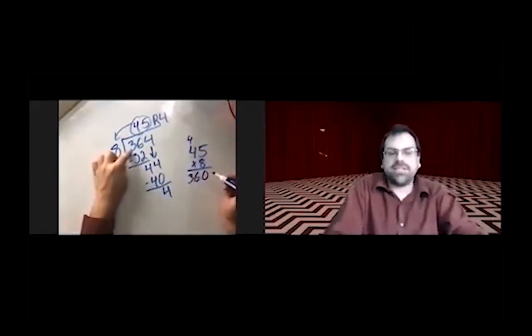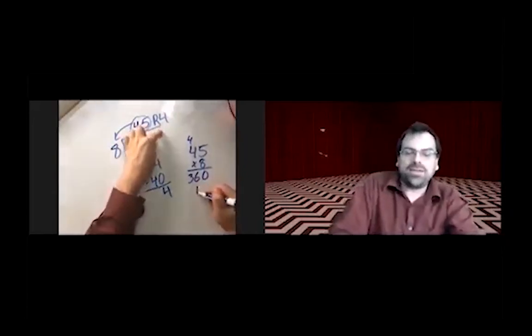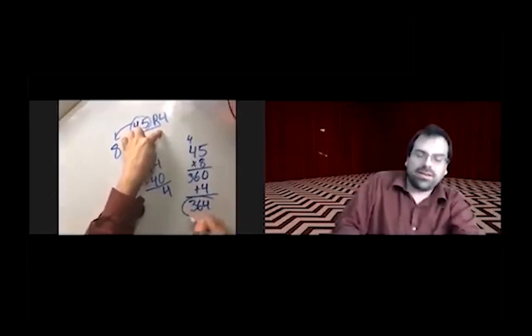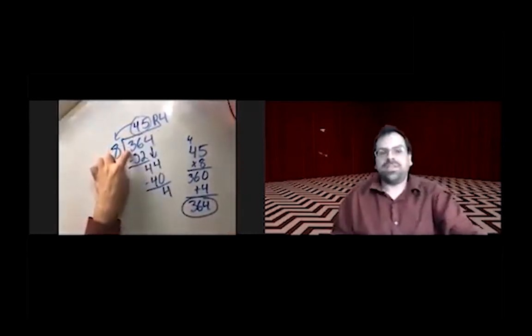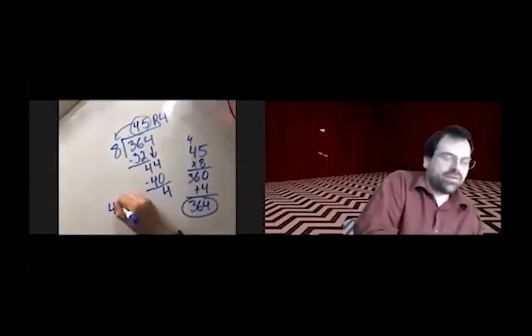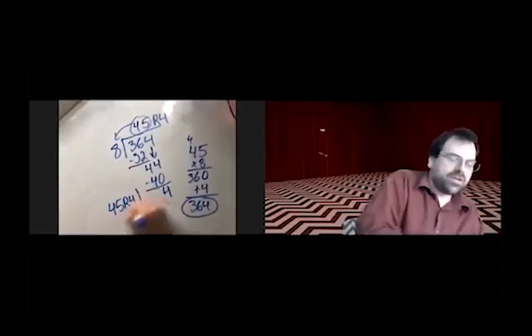Well, that's not 364. The remainder gets added on. We got what we started with. We know we're right. Our answer, 45, remainder 4.